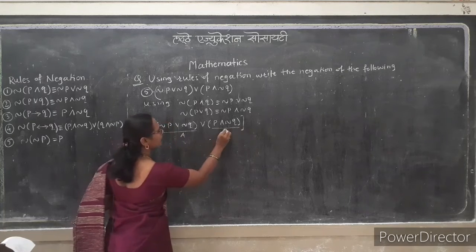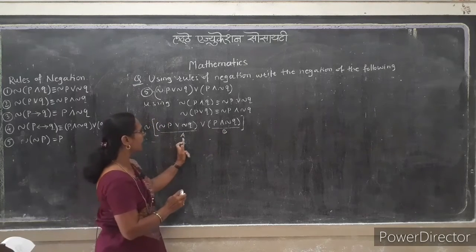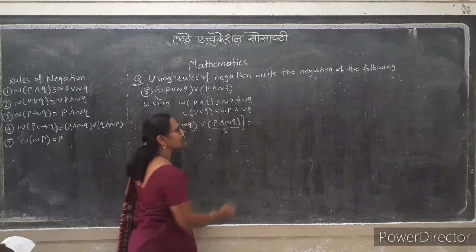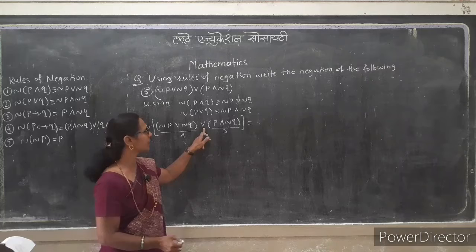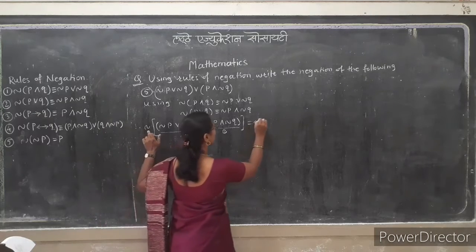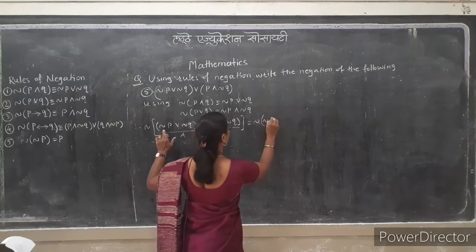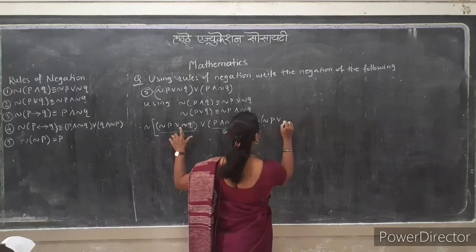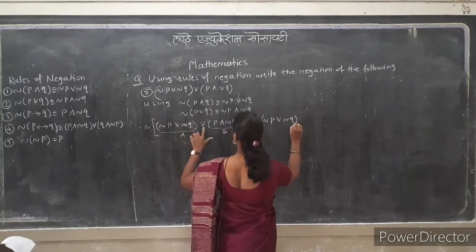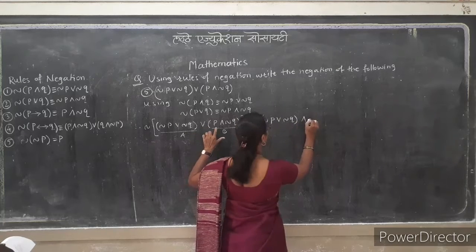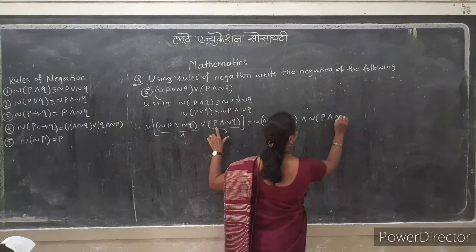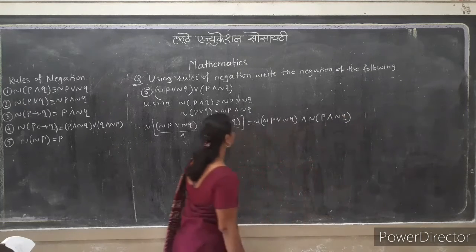Suppose we have A and B. The negation of A ∨ B has the value ¬A ∧ ¬B, meaning ¬(¬P ∨ ¬Q) and next ¬(P ∧ ¬Q).